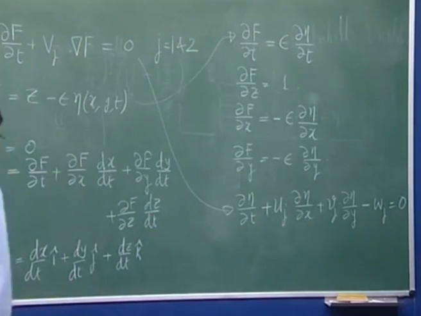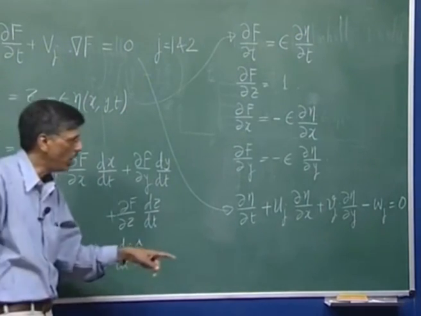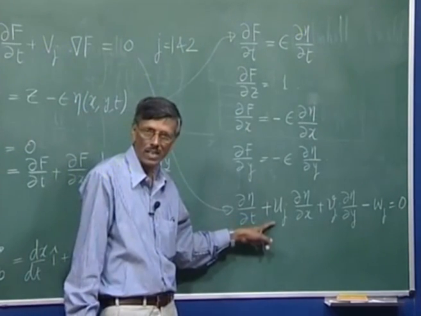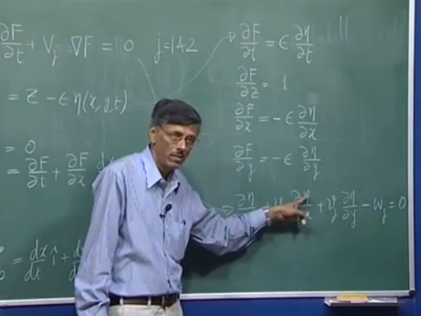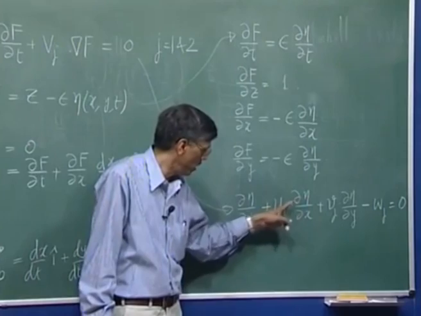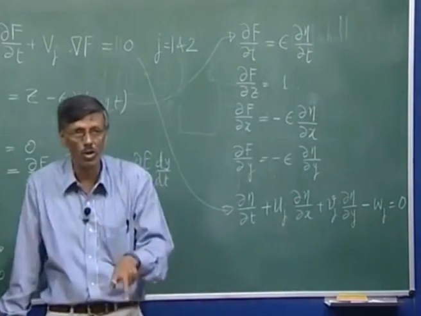If I am being consistent, writing quantities of the same order, then I will not write that del phi j del x times this quantity, as that will be a lower order quantity.